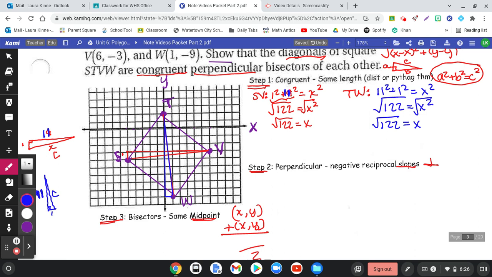So SV is congruent to TW. And you could just say same length. And your explanation you showed above. Because it'll say, tell whether they're congruent or not and explain. Your explanation is your math.